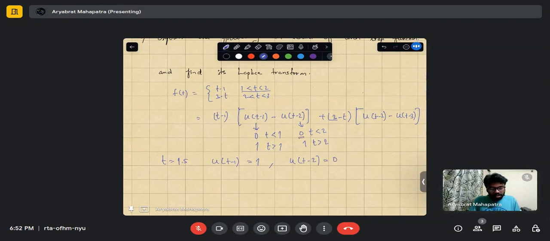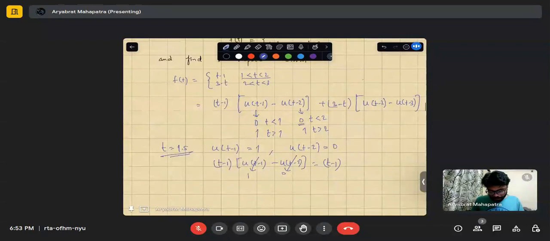That is what this step function says. So as a whole, when t minus 1 is multiplied with u of t minus 1 minus u of t minus 2, this will be 0, and this is 1, so that is t minus 1. So this way you can write it.